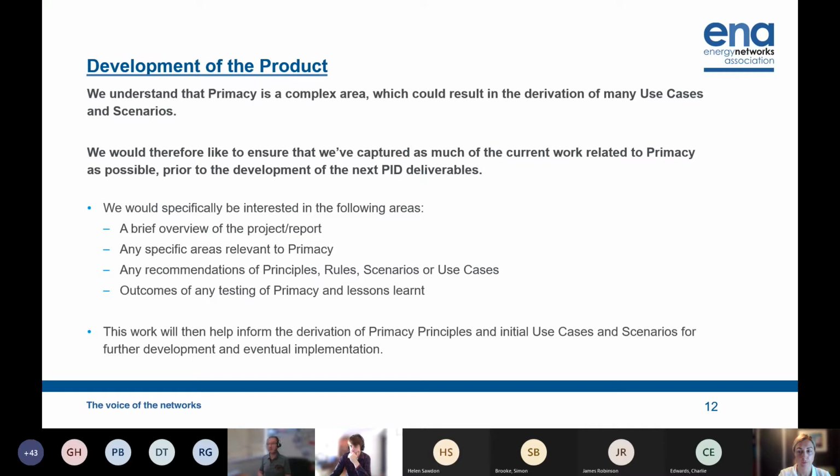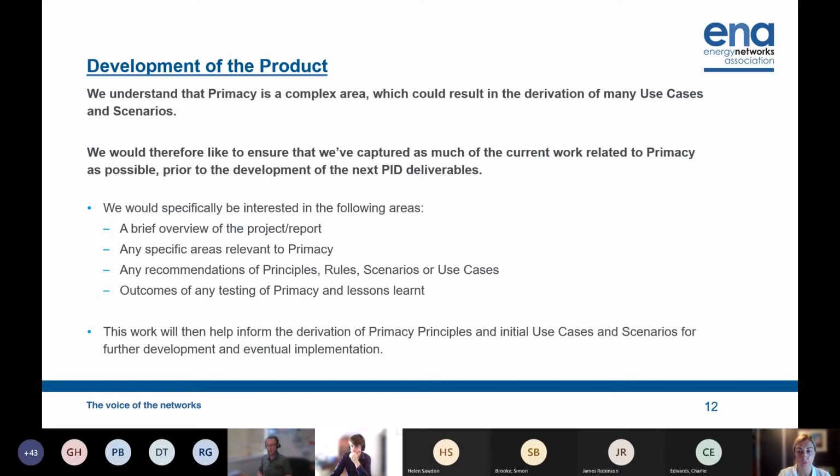Crucially, any recommendations on the development of principles or rules, scenarios and use cases as a result of the project work. And finally, any outcomes of any testing that went on as a result of that project.